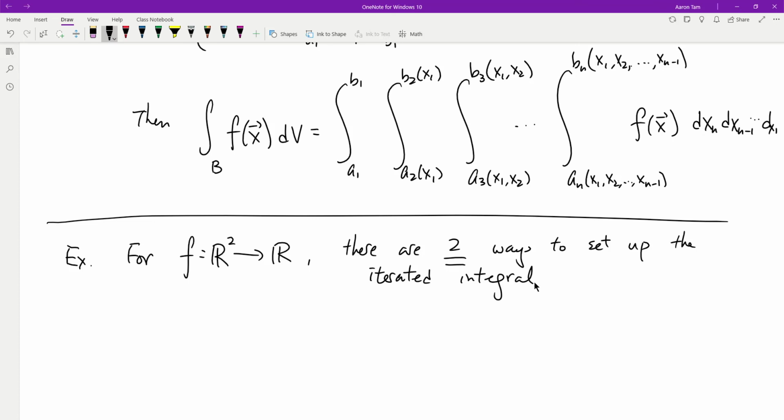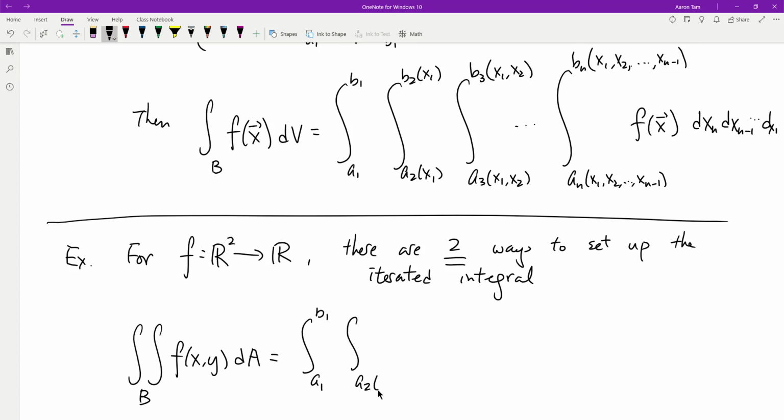There are basically two ways to set up your iterated integral. One of them is this way: the double Riemann integral over B of f(x,y) dA would equal the integral from a1 to b1, and then a2(x) to b2(x), of f(x,y) dy dx.